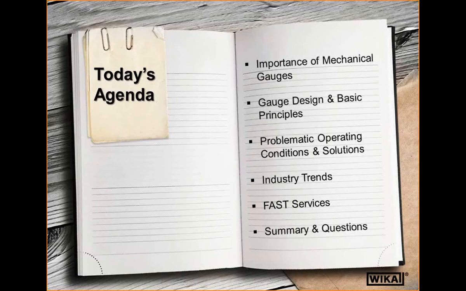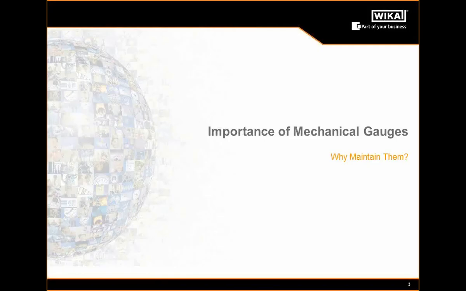From there, I'm going to take it up a level, and we'll look at the industry as a whole and some of the things that we're seeing in the industry and why maybe gauges aren't getting the attention that they ought to be given. Last, I'll give you a quick explanation of what our FAST services are that we can offer to you as support. And finally, we'll do a summary and a few rounds of questions.